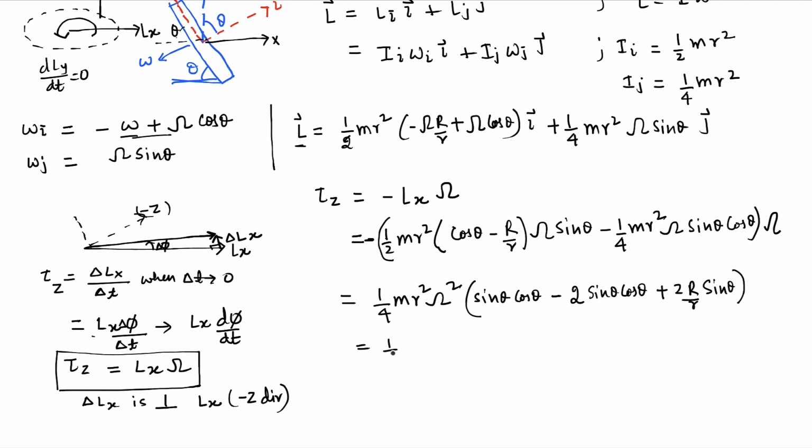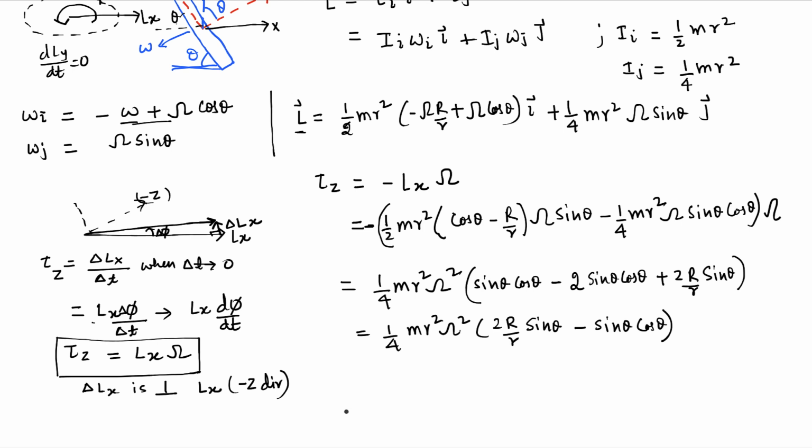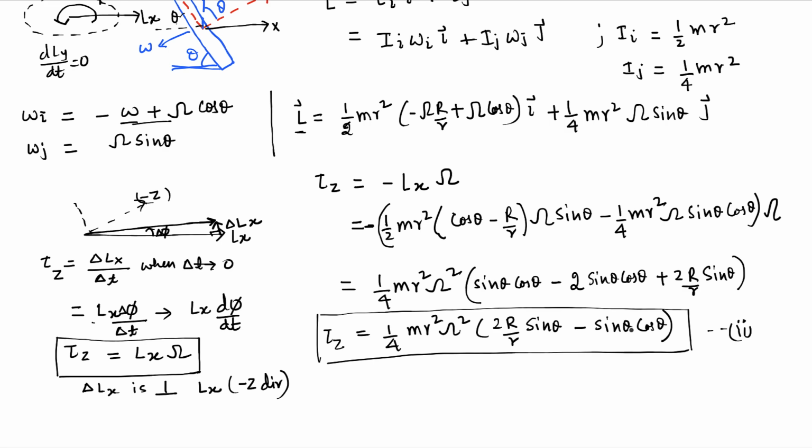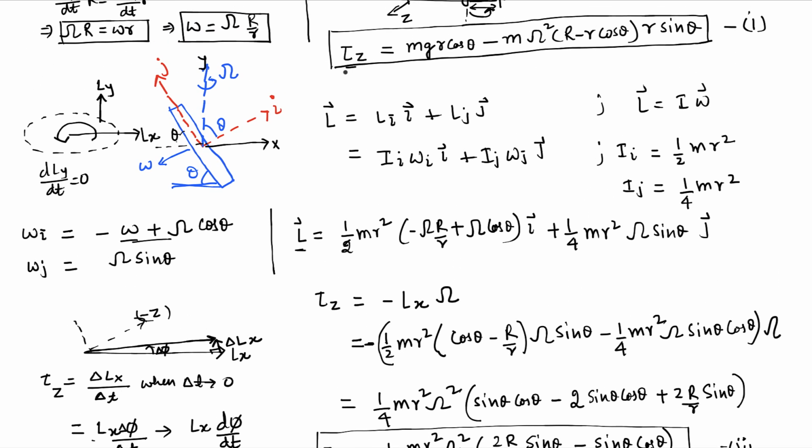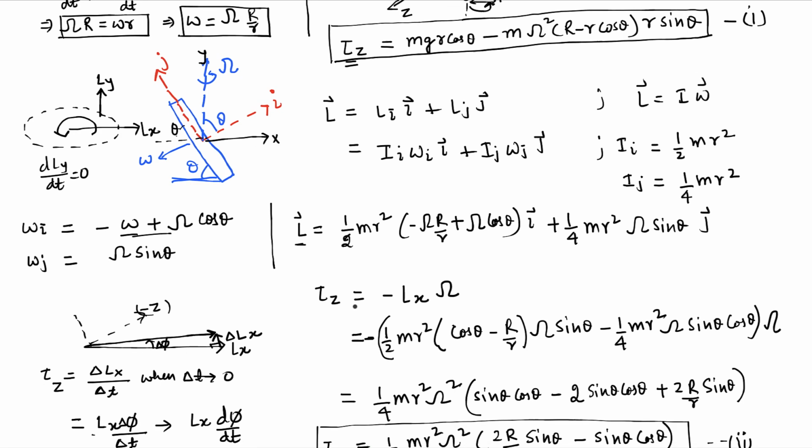Therefore, this is 1 by 4 mr square omega square, 2r by R sine theta minus sine theta cos theta. Okay, so let's call it equation 2, and this torque should be equal to this torque. So we just need to equate these two equations.